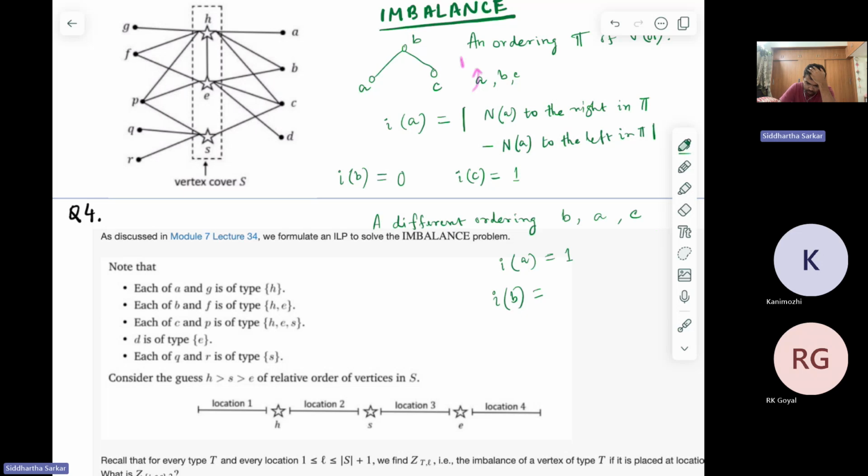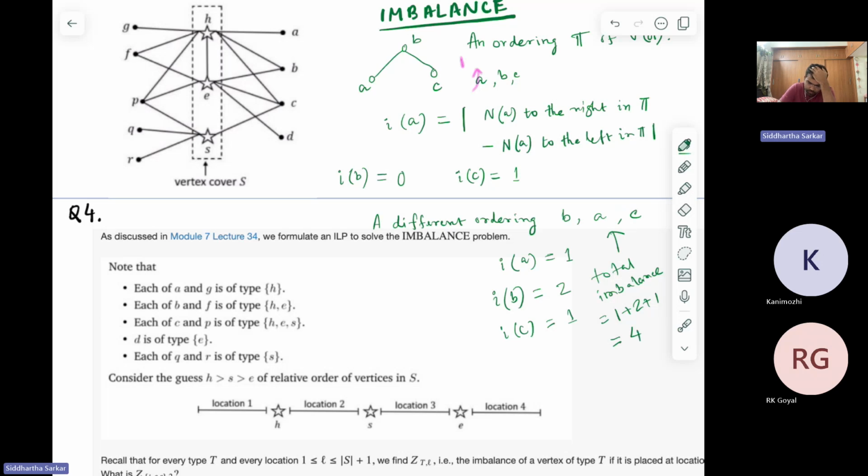Both the neighbors are to the right. So that imbalance is 2. Imbalance of C is, one neighbor is to the left, so that's 1. So the total imbalance with respect to this ordering is the sum of these imbalances, that is 1 plus 2 plus 1, that is 4.